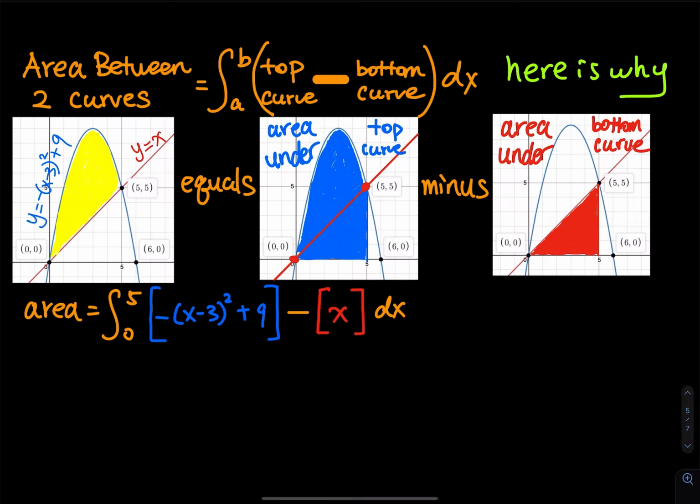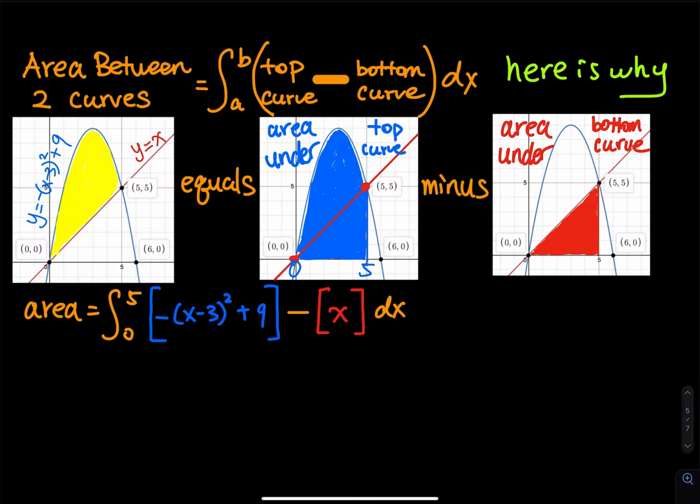Now let's take a look at the area under the parabola from 0 to 5. So this is a 0, this is a 5, right? If you are setting up an integral from 0 to 5 and the integrand is the parabola, do we agree that the area is equal to the entire blue region? It's pretty big, right? Hold on to that.